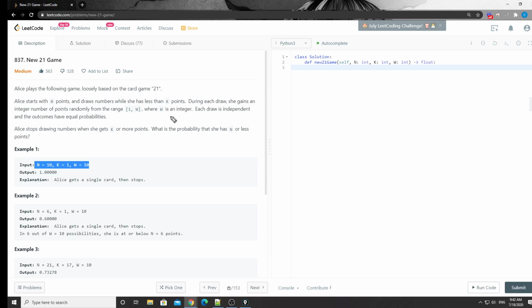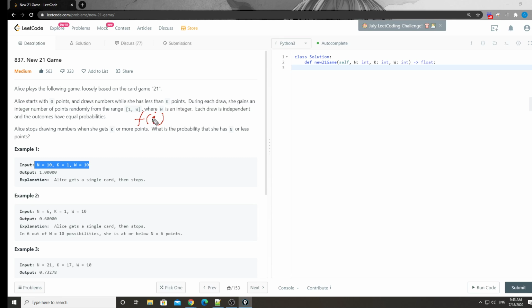Let's define a DP, or like a function here, function of I. Let's define the function of I equals the probability of getting I points.